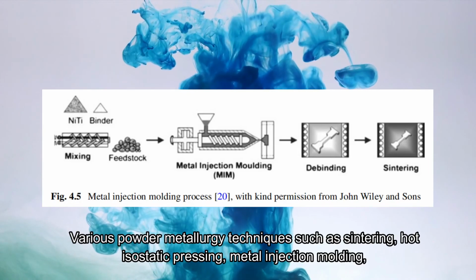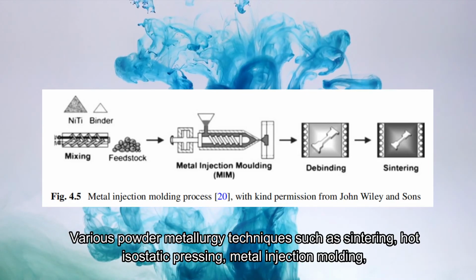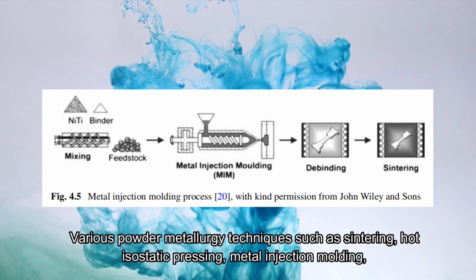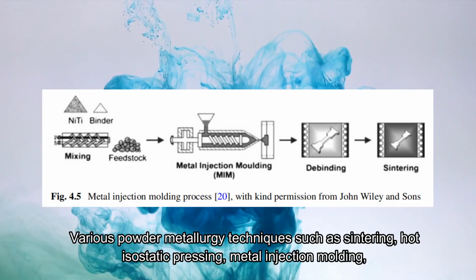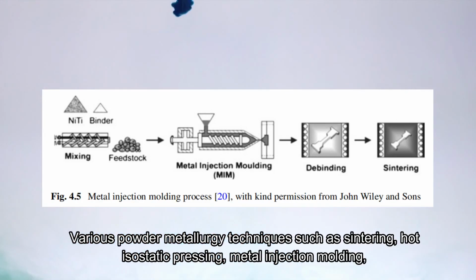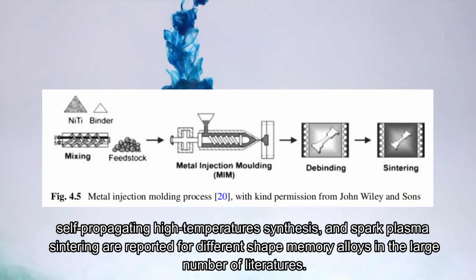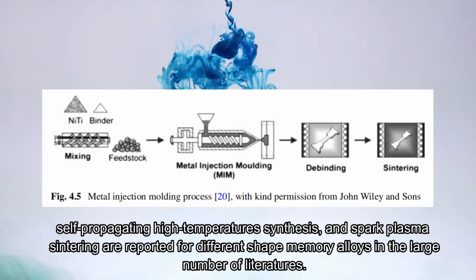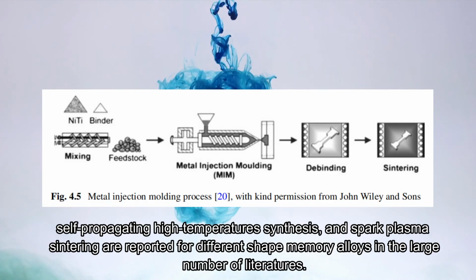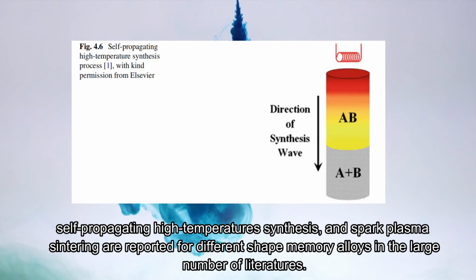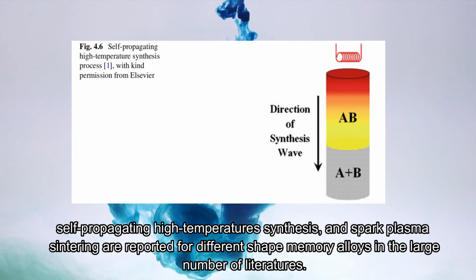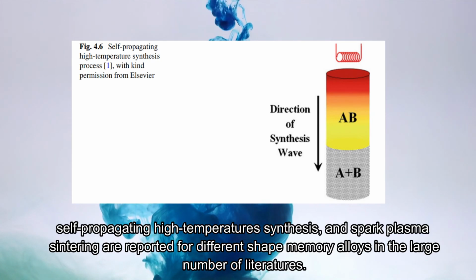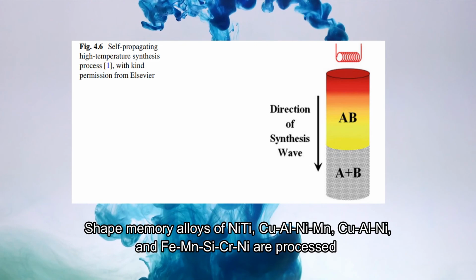Various powder metallurgy techniques such as sintering, hot isostatic pressing, metal injection molding, self-propagating high temperature synthesis, and spark plasma sintering are reported for different shape memory alloys in a large number of literature.